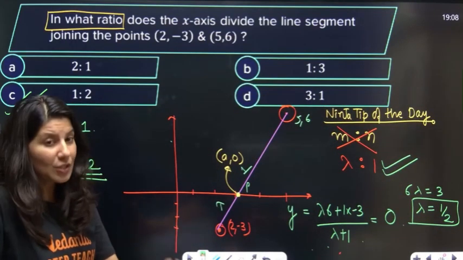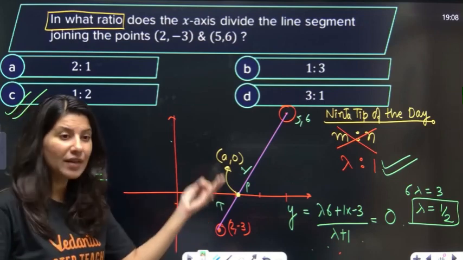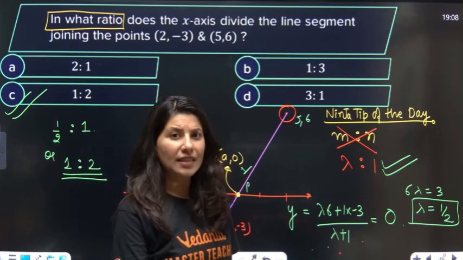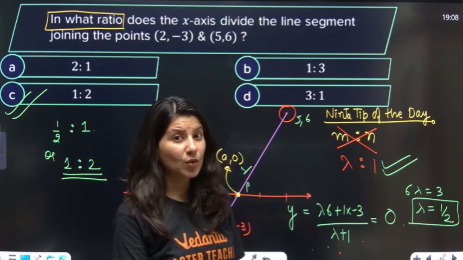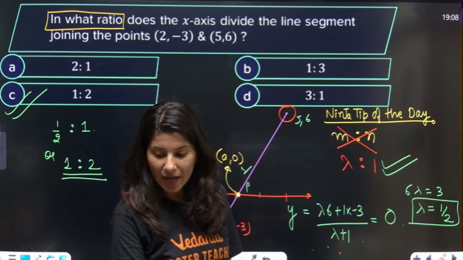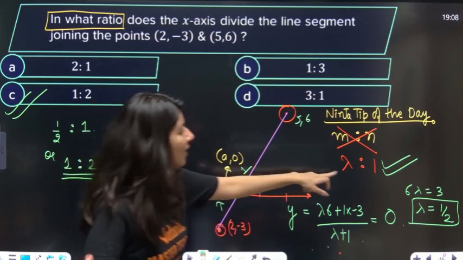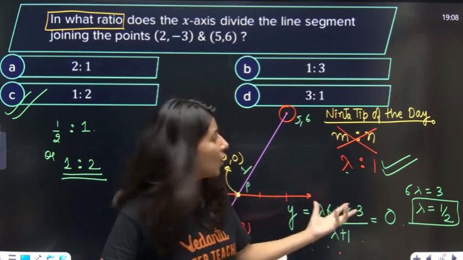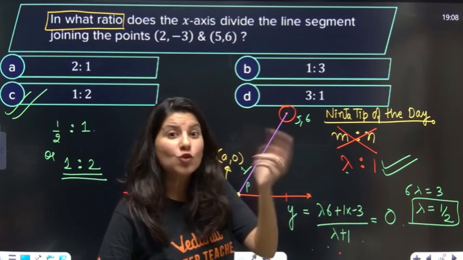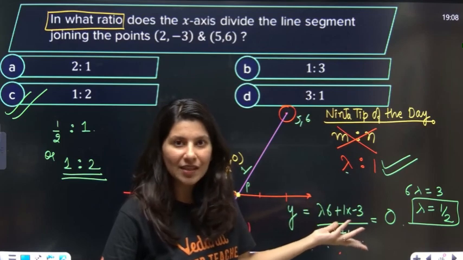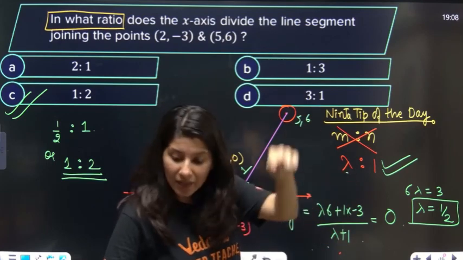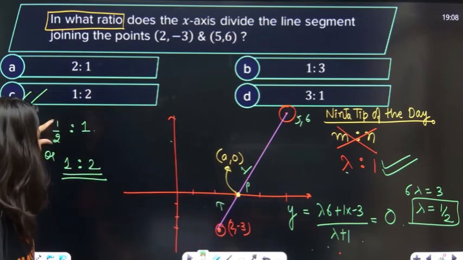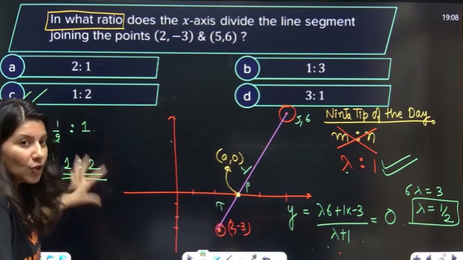Ronit was asking a very genuine question. In fact, when I was a student, I was also like, why is the teacher assuming lambda is to 1? How come you are deciding that in m is to n, n is 1? But in this case, we are not imposing a condition that lambda cannot be a fraction. If n is not 1, which can be possible, then lambda will be a fraction and that will compensate.